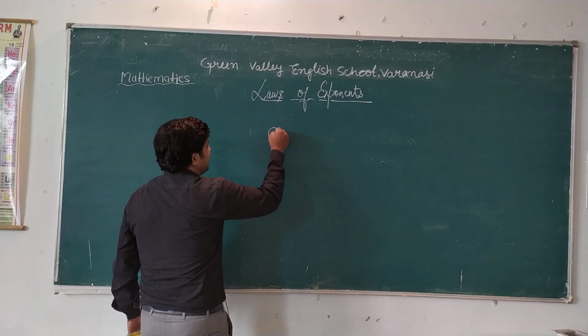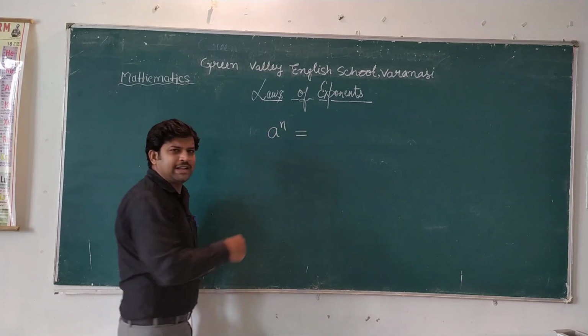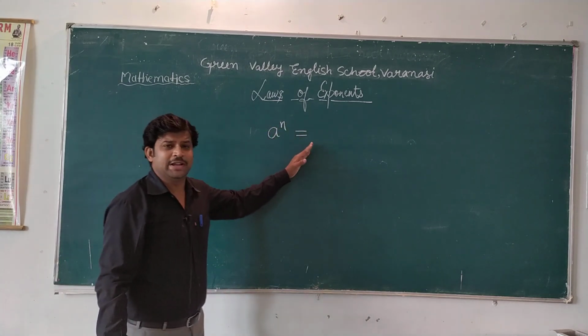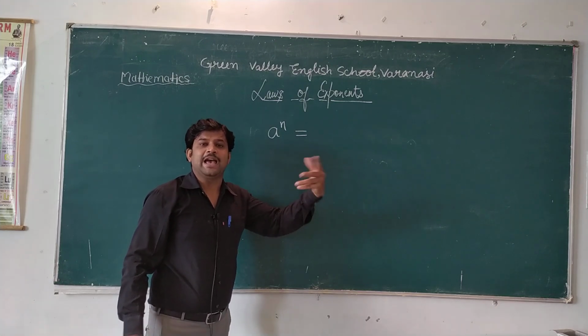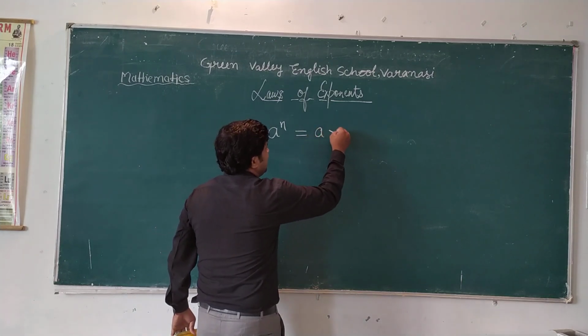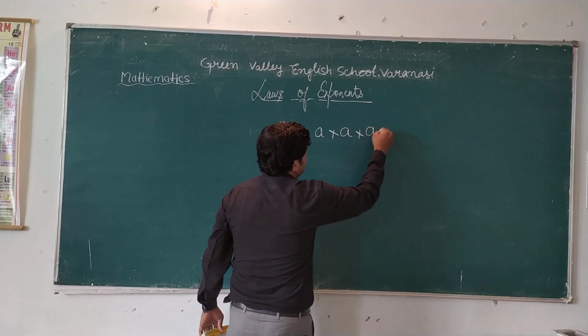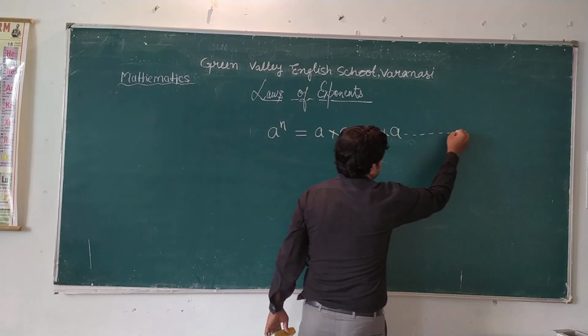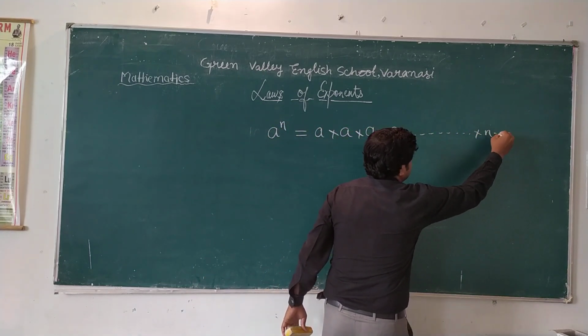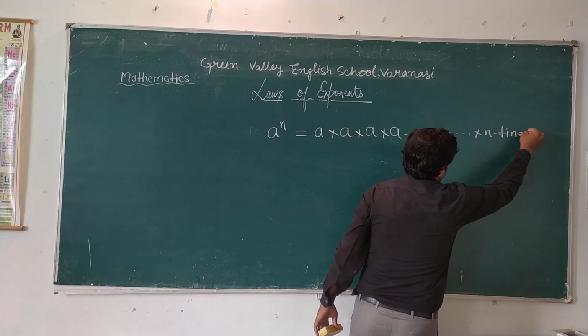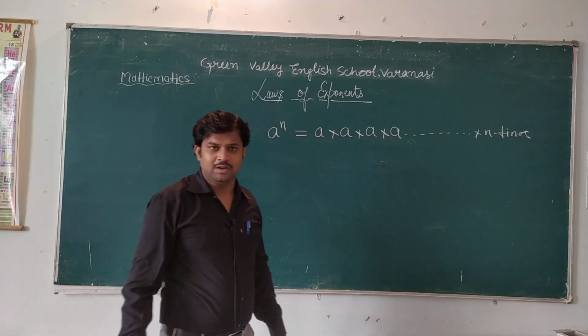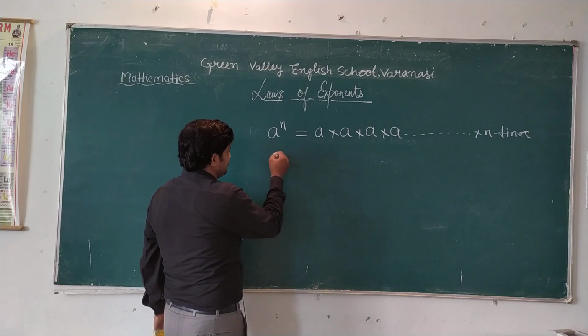That's why we can write a to the power n. A to the power n means what? A multiplied how many times? n times. It means a multiplied by a multiplied by a, and so on, n times.